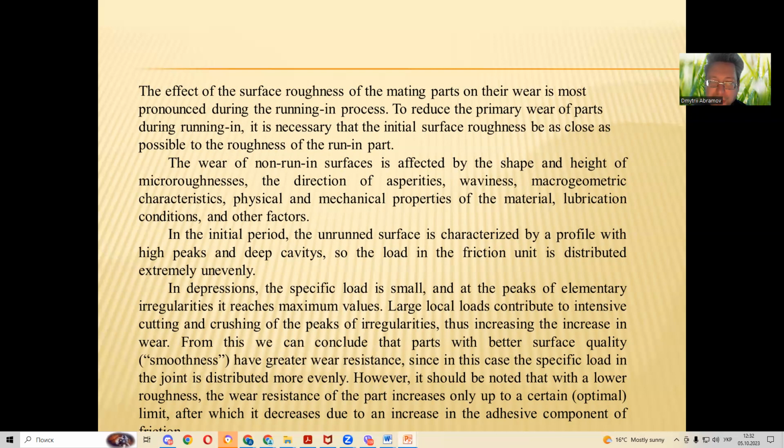In the initial period, the unrunned surface is characterized by a profile with high peaks and deep cavities. So the load of the friction unit is distributed externally unevenly.